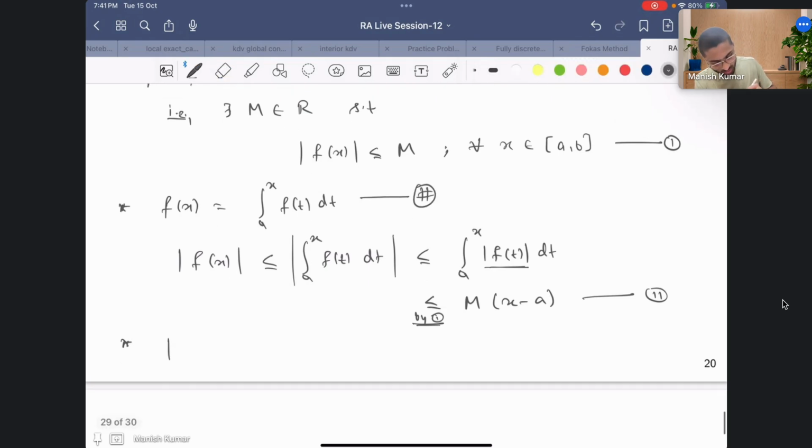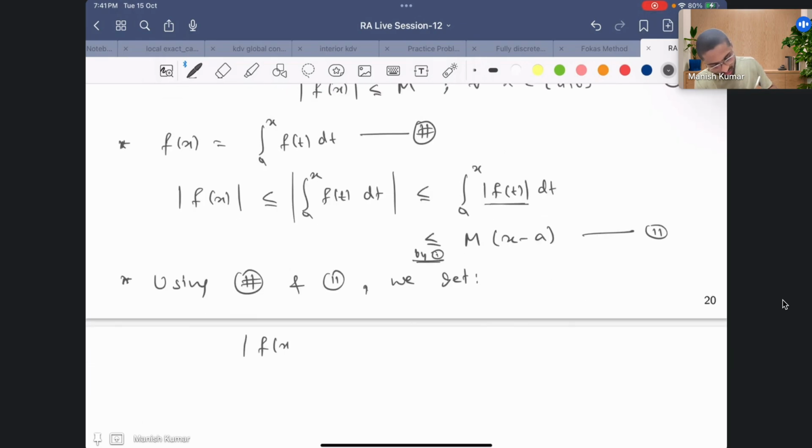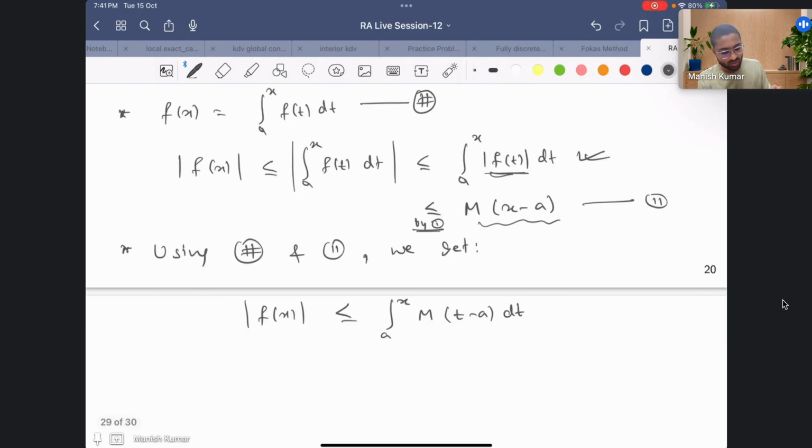Again, using the identity hash and this bound 2, if you repeat the same process, till here everything is the same. Now I will bound this by this quantity: the integral from a to x of M times (t minus a) dt. This is the second bound that I'll use.